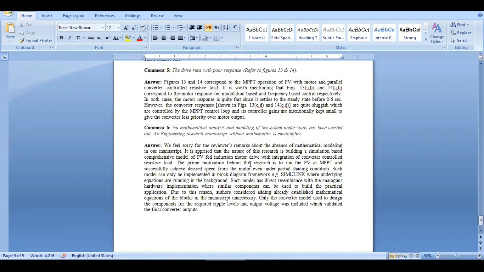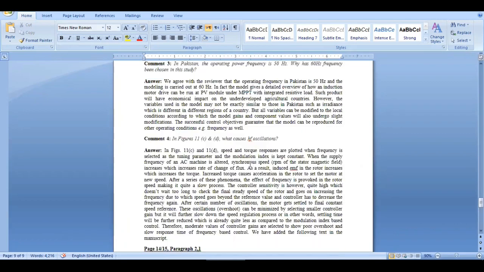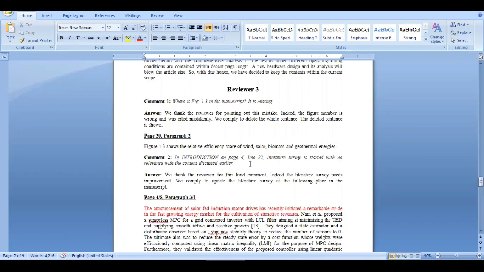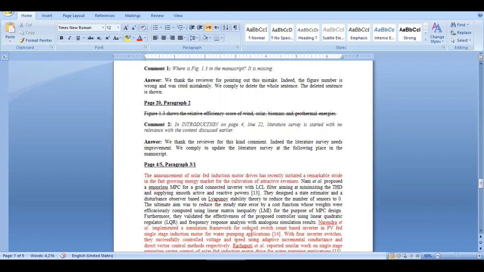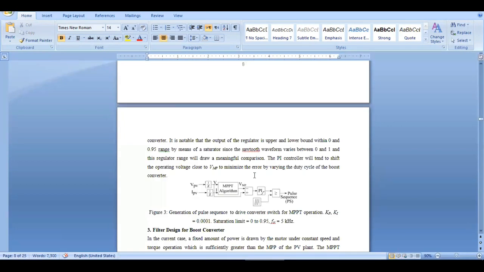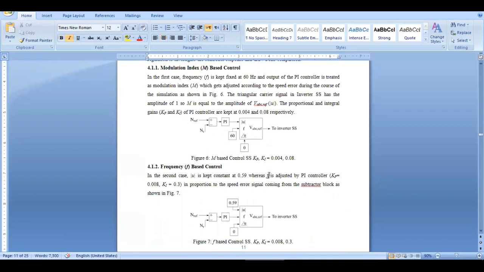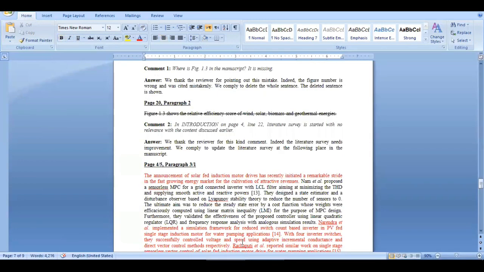So these are all the comments which have been added to the manuscript, and this is the revised manuscript, and the revision of this manuscript has also been submitted to the journal, and we are not sure if this paper will be accepted or not. So we are also waiting for the final outcome of this manuscript for a long time.